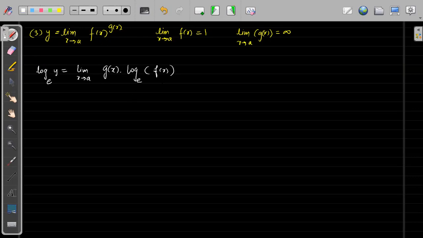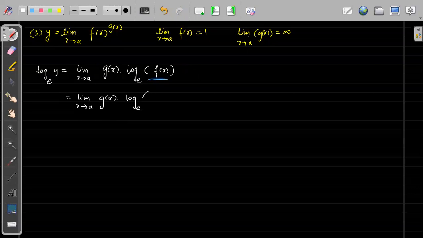We can write this as the limit of x tending to a, g of x into log base e (1 plus (minus 1 plus f of x)). We can write this because it is 1 plus and 1 minus, so these two parts are still the same.